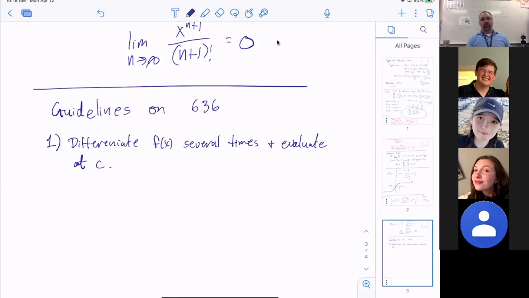In other words, you're going to find f of c and f prime at c and f double prime and f triple prime and so on and so forth. And then hopefully, you try to recognize the pattern.